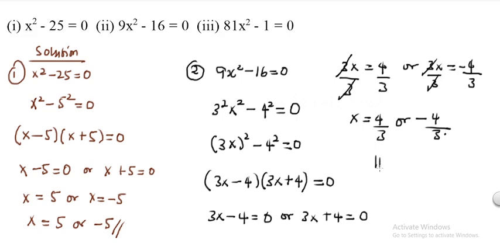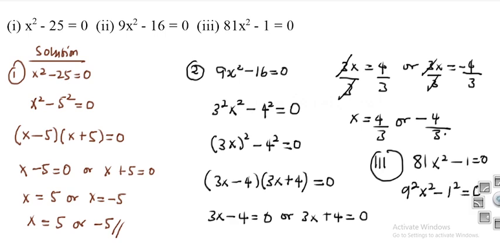This example is simply saying you should solve 81x squared minus 1 is equal to 0. You can pause the video and try to solve this one yourself. Like we did before, we try to write every number and variable here as a square. 81x squared can be written as 9x all squared, and 1 can also be written as 1 squared, is equal to 0.